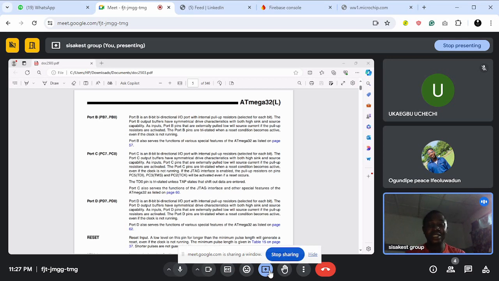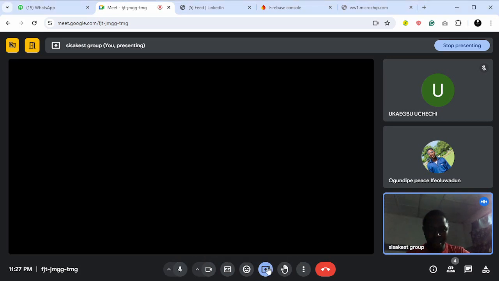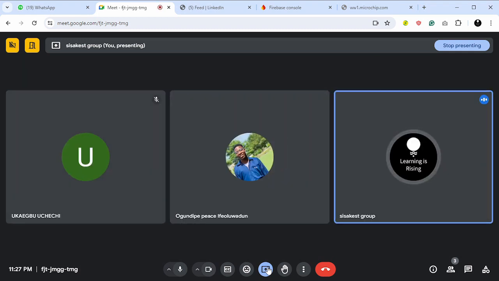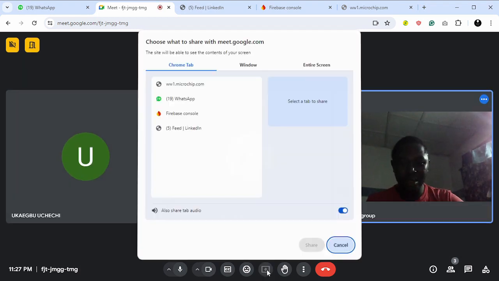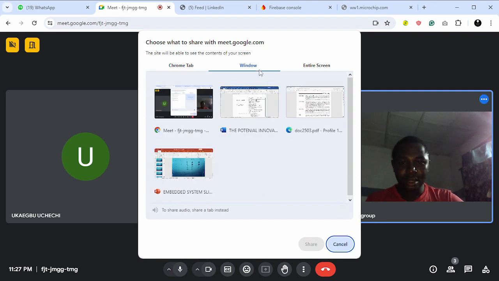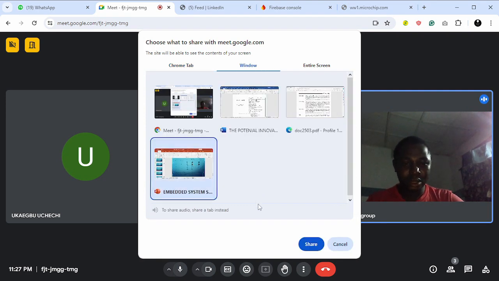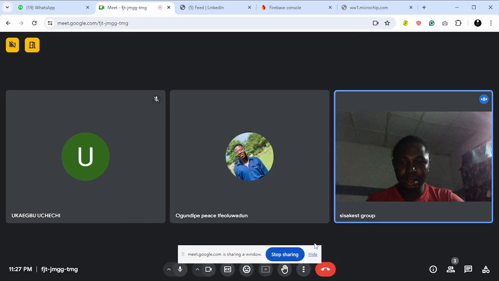Or let me say three processes that any computer system follows to carry out its instructions. Let me stop this and share my slide. I think that will be much better than what I'm sharing. When we get to the datasheet, then I will share the datasheet.